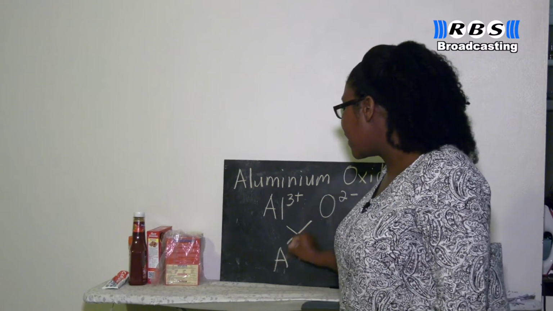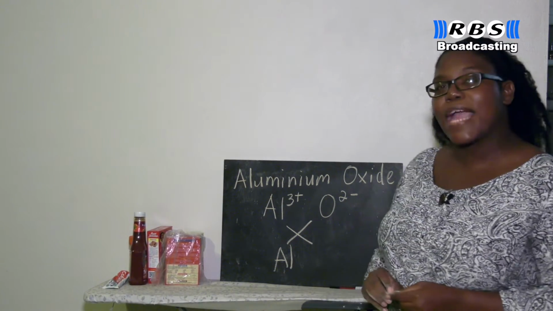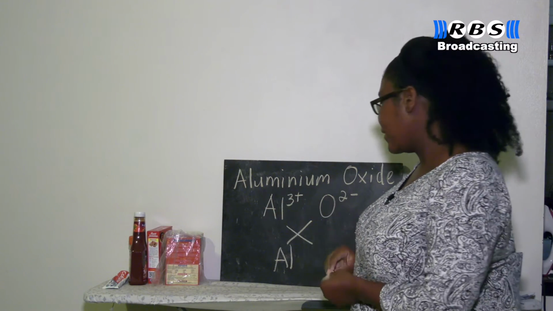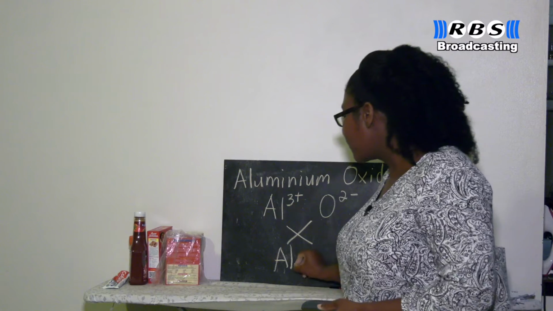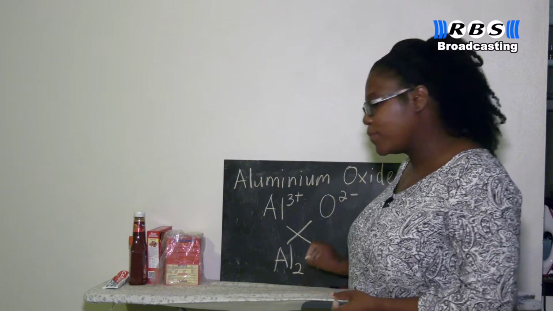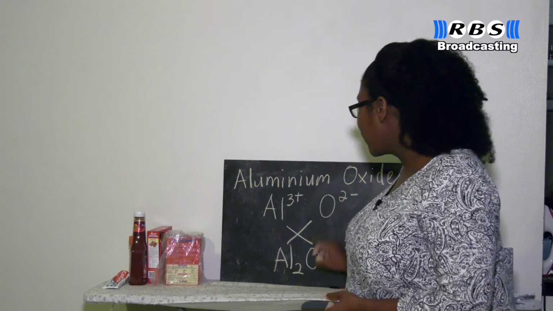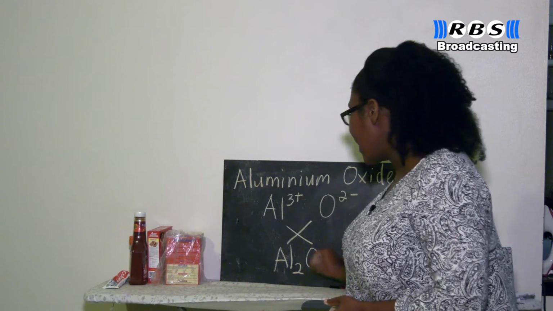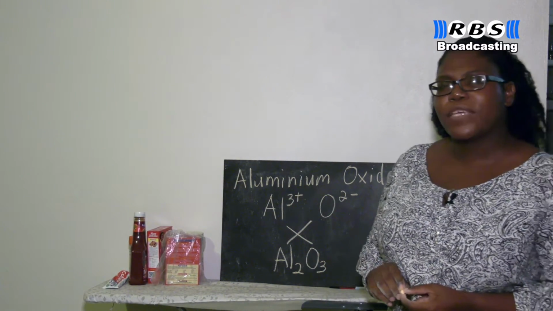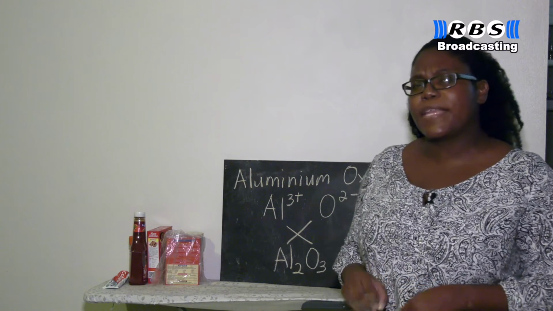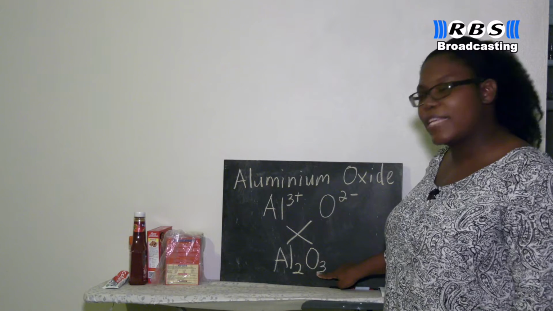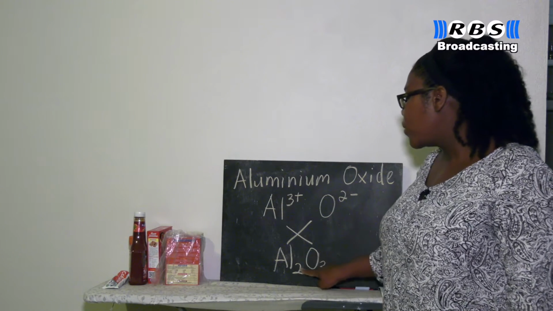So the formula of aluminum oxide is Al, swap the number, so we get 2 over here, O, and swap the number 3 and drop it into place. Now what do I mean by drop it into place? Notice that the numbers that are written here are lower.